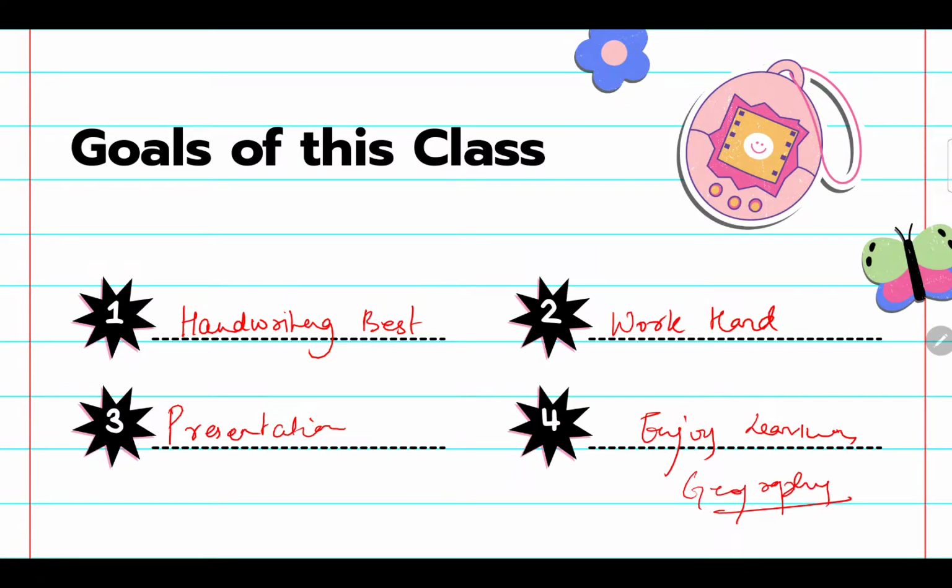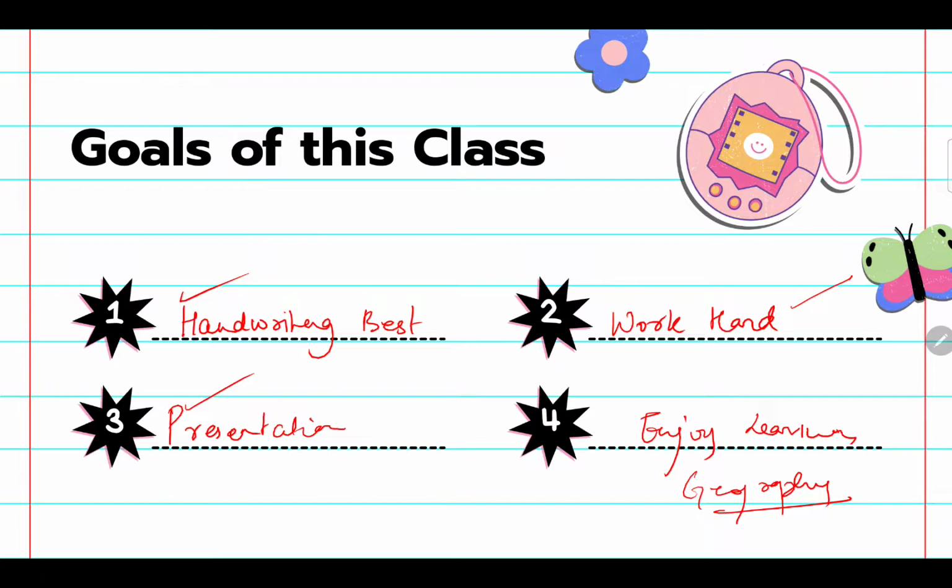Okay, so I know that I have already talked about handwriting, that you need to use your fountain pen. Some students are doing great presentations and many students are working hard, and moreover we have to enjoy while learning also.